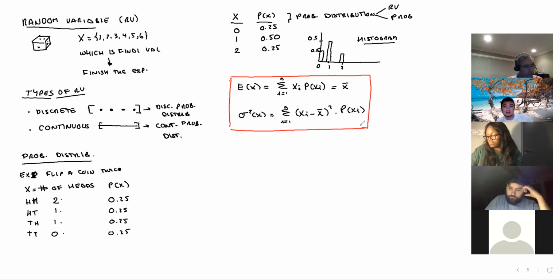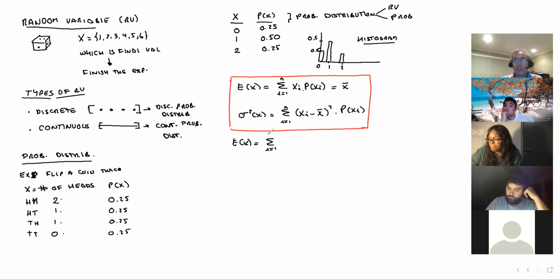Sorry, Professor. Can you go back again to the two equations you put? Yes, I will solve them. What I'm telling you in this formula, Daniel, is very simple. This implies multiply: this is xi, x1, x2, x3, right? This is p of x1, p of x2, p of x3. So in our example, the expected value of x, how many observations do we have?